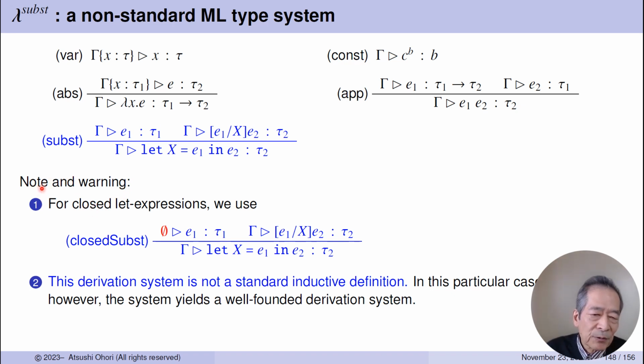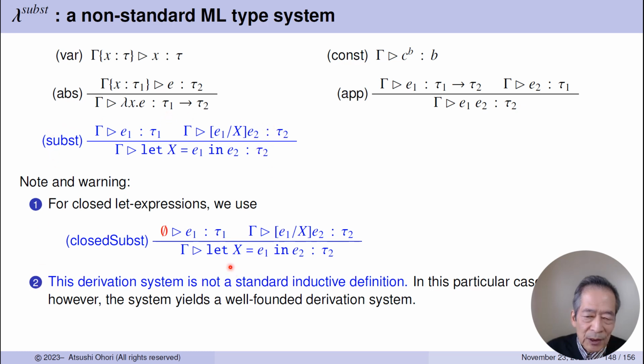First of all, note, for closed let expressions we use this closed subst. If the language expressions are restricted to be closed, then this subst is restricted to be with empty environment. This is just a natural restriction.